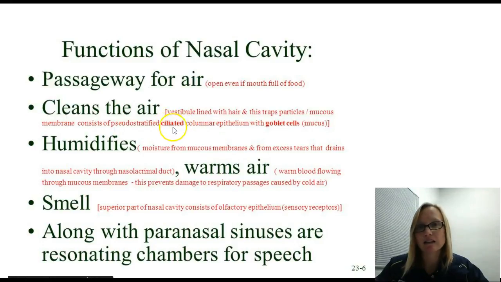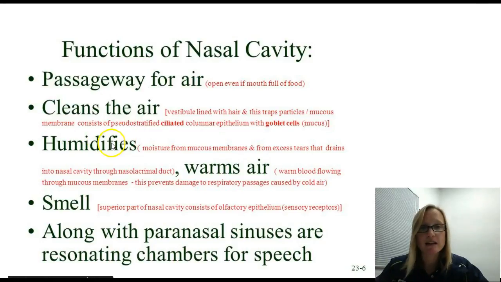Cilia are like tiny micro hairs that move things along the nasal passage. So if something gets caught in them, such as a pathogen, they'll get moved out of the nasal passage. And goblet cells simply make mucus. So if something got caught up in that mucus and you blow your nose, then it would be outside your body again.